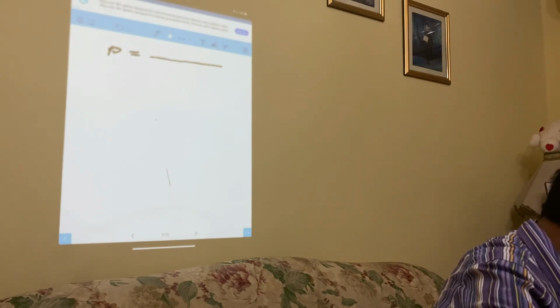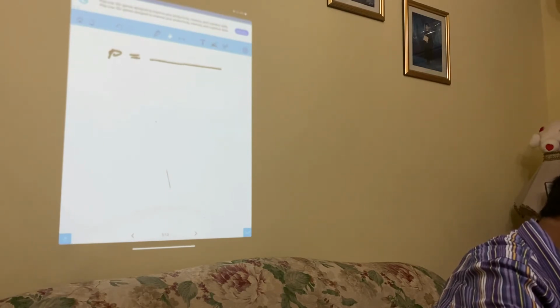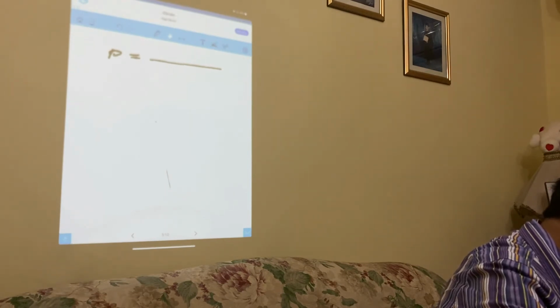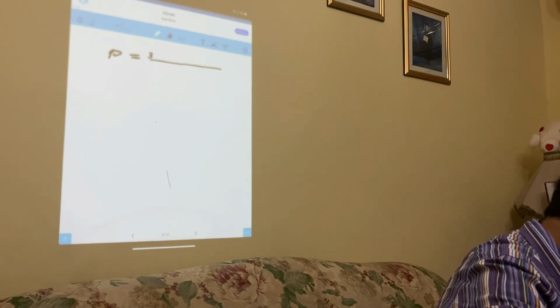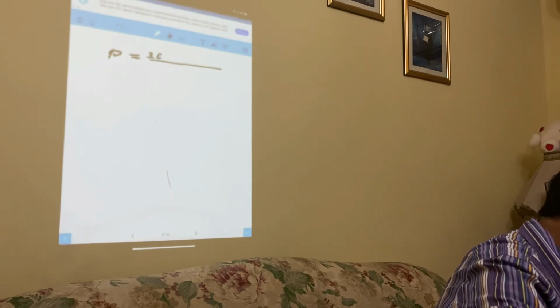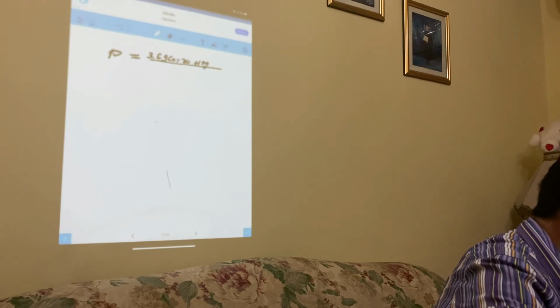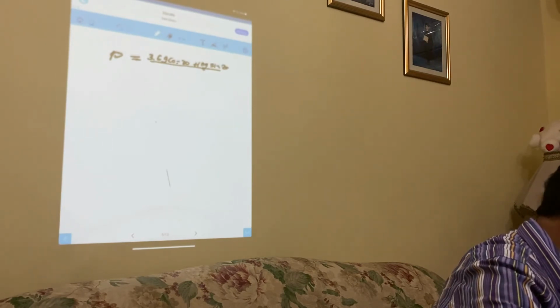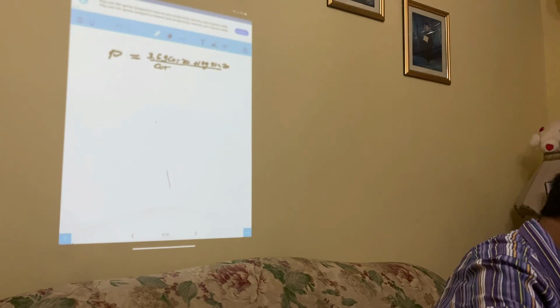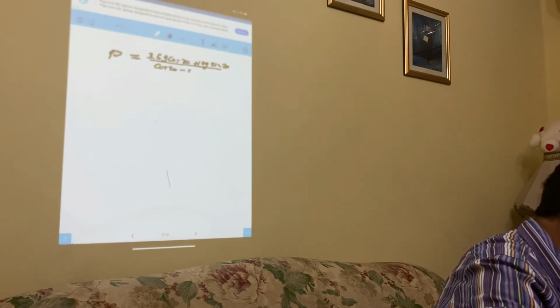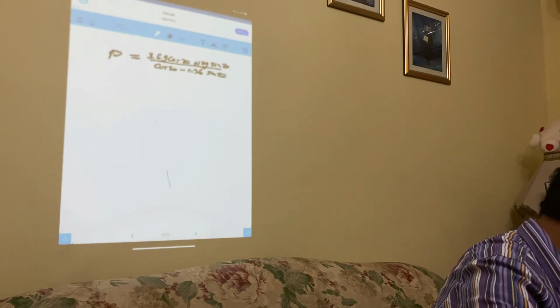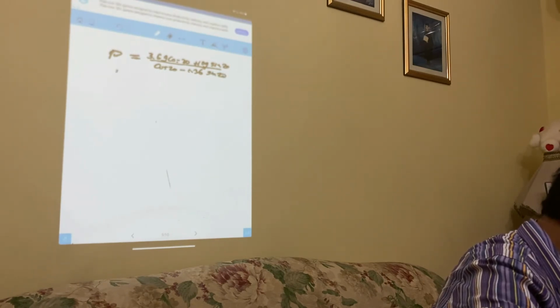So we get 3.6g cosine 20 plus 10g sine 20, over cosine 20 minus 0.36 sine 20, from which we get the value of P equal to 82 Newton.